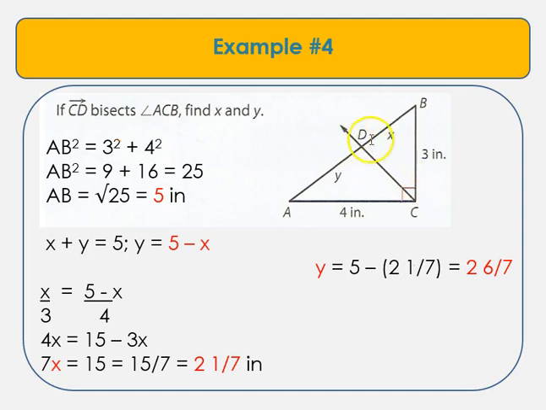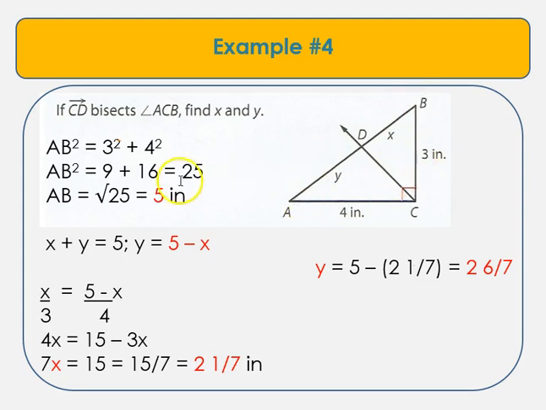This bisector forms segment BD and segment AD, also known as X and Y. So we want to begin by using the Pythagorean theorem, because this is a right triangle, to solve for AB, which will be this total length.